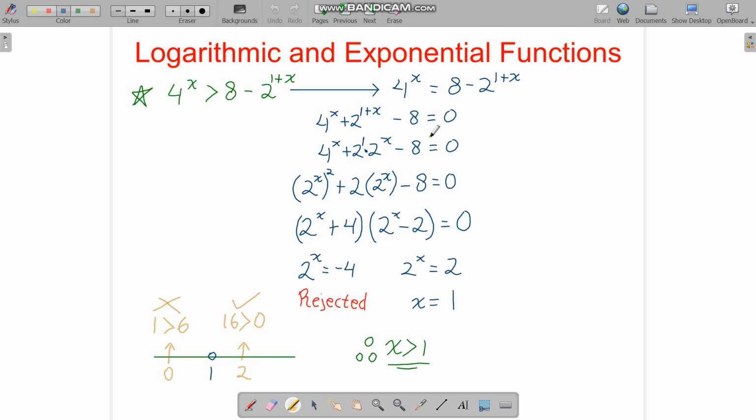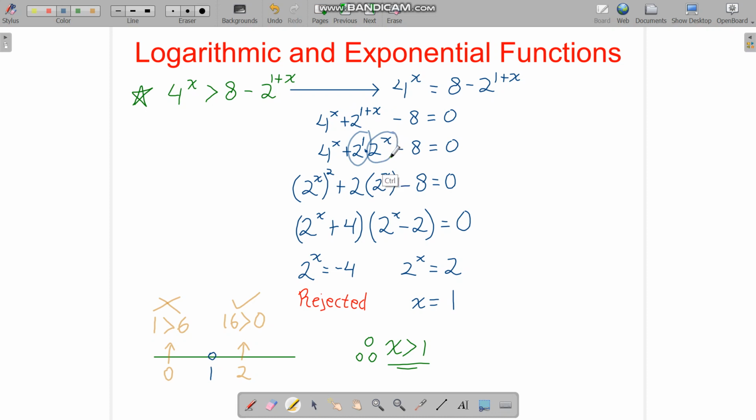So for example, here, this is exponential. We replace this sign with the equal sign, and here we move everything to the left, and 2 to the power of 1 plus x is the same as 2 to the power of 1 times 2 to the power of x.